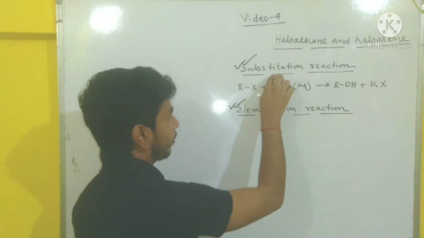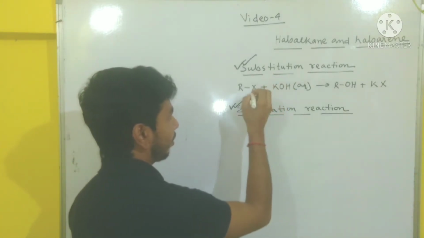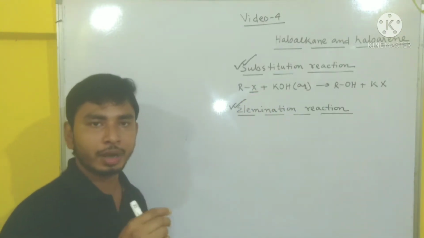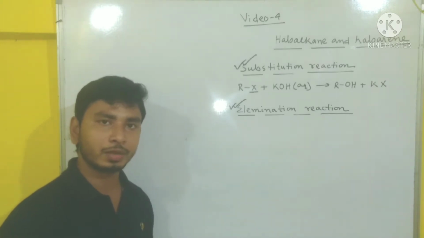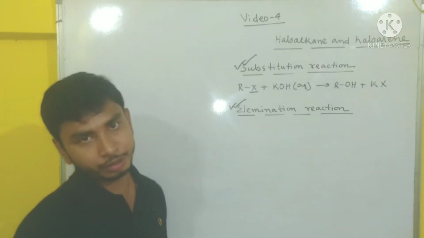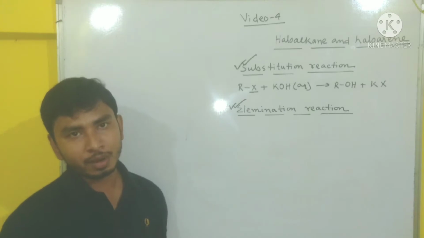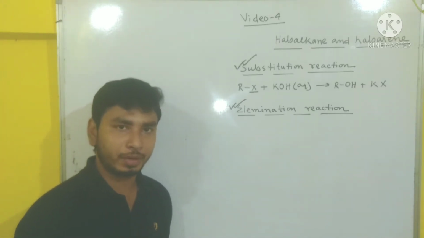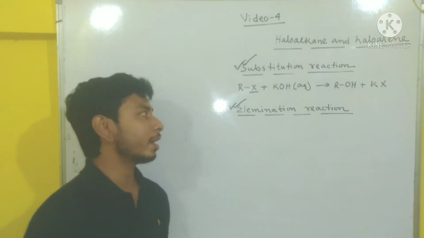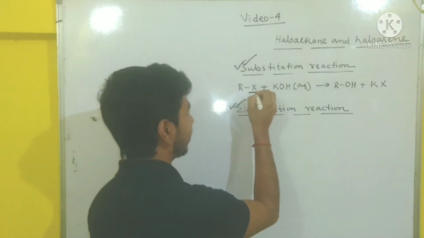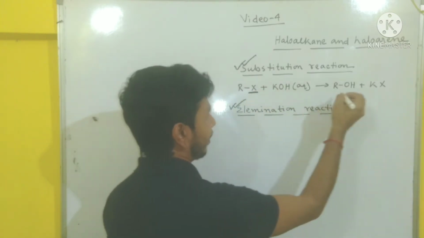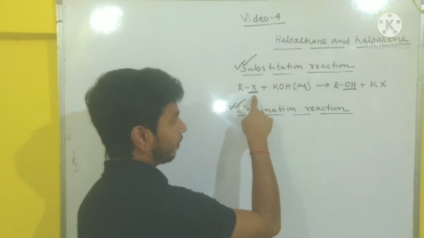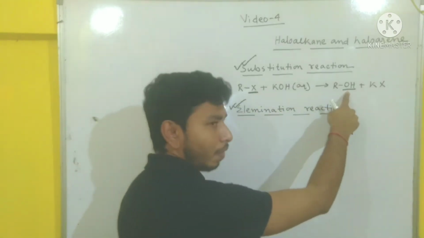In a substitution reaction, one group is substituted by another group. This is called a substitution reaction. That is, an atom or group of atoms is replaced by another atom or group of atoms. Here, suppose this X, the halogen group, is substituted by the OH group.